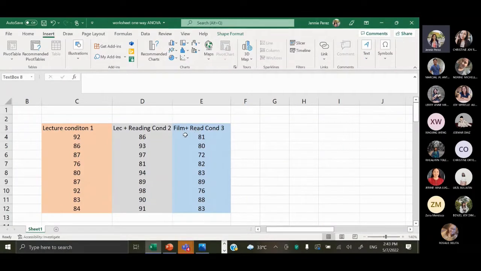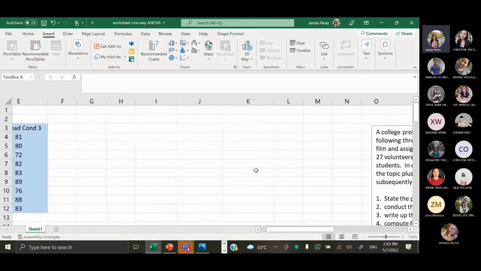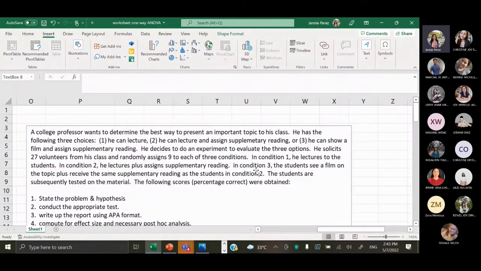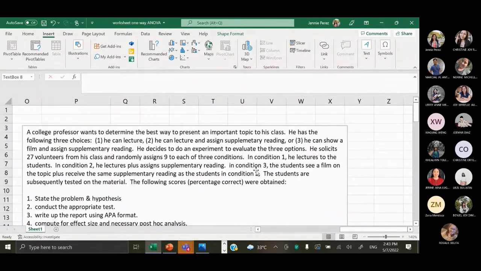And then the other group would be film. Your teaching method would be using a film plus reading condition. So, then you obtain their scores on a test. You tested their learning performance by giving them a test. And you got their scores.